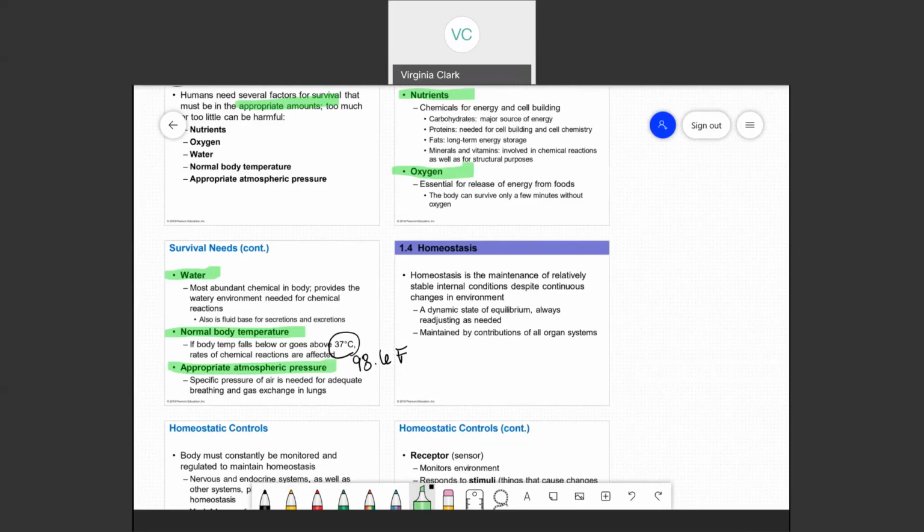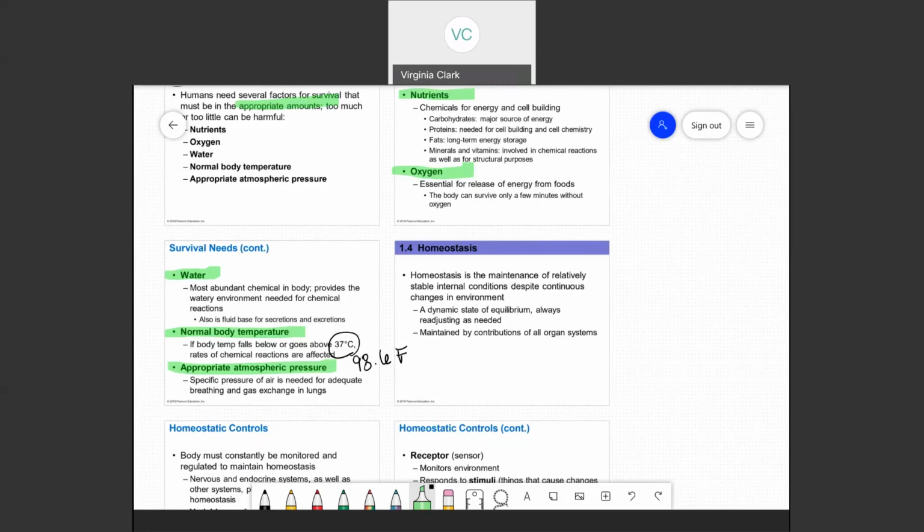Whereas if you go down to sea level, where it's a different atmospheric pressure, there's a different level of breathing. This is why we can't breathe in space, because it's a different atmospheric pressure, and why we can't breathe underwater, because the pressure, as well as the liquid, is not appropriate for what we need. So there's just kind of some general thoughts on those.